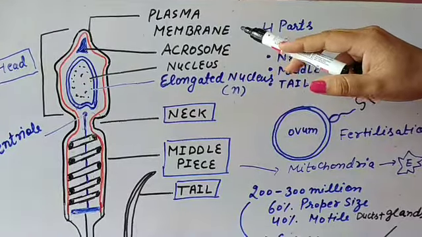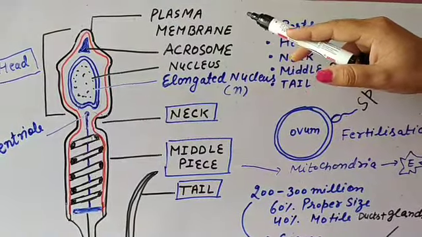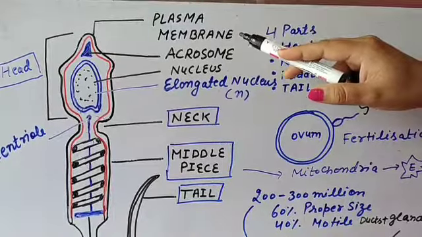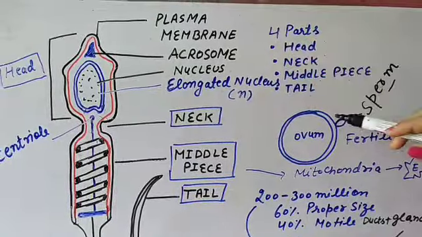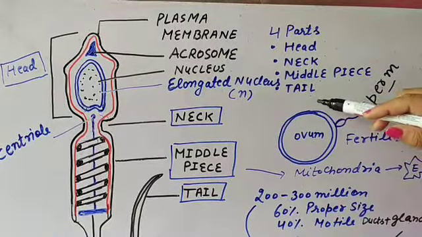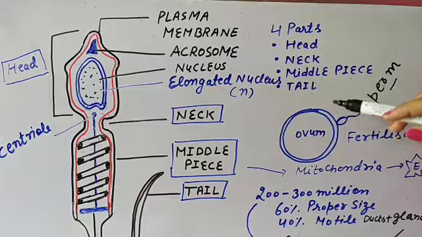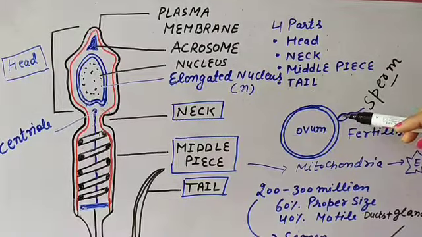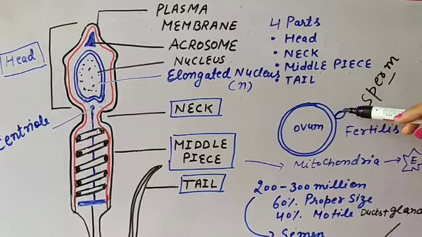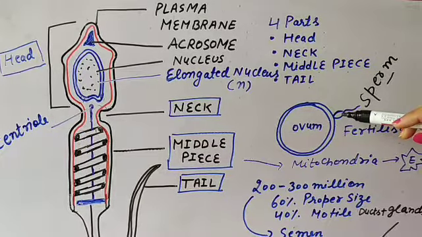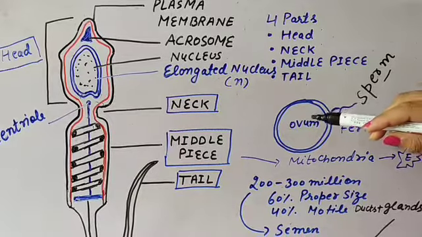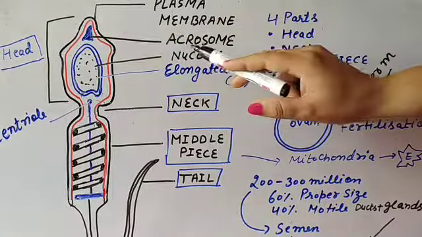This acrosome is very important because it is filled with enzymes, and these enzymes help to dissolve the layers that surround the ovum. These layers are dissolved by the acrosome, and then the sperm enters into the ovum. So that is the acrosome.